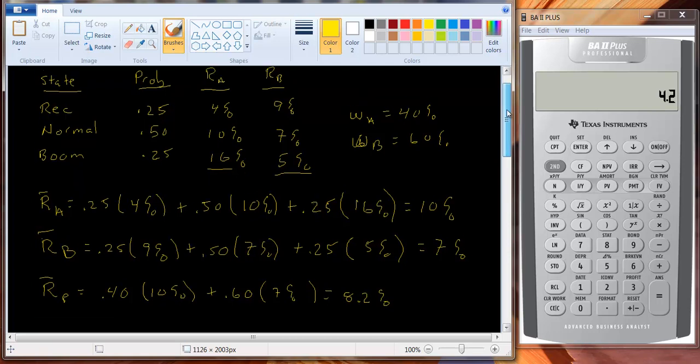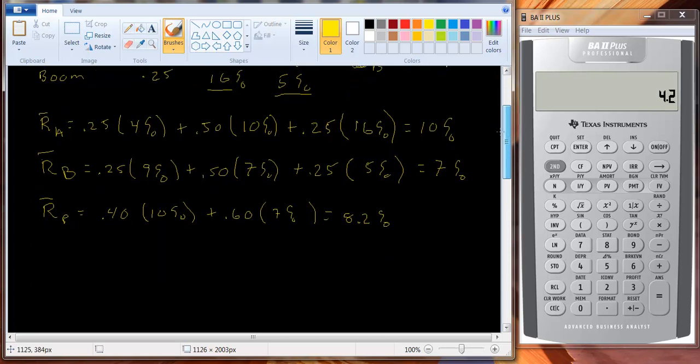All right, the second thing we need to do is calculate the variance for each one of these securities.